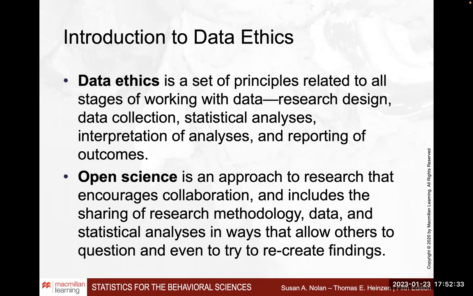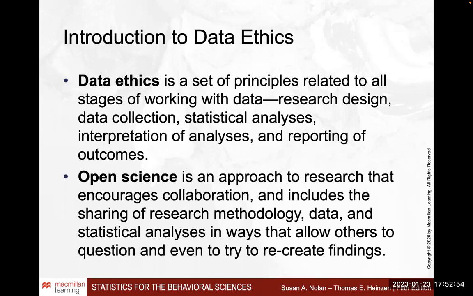Lastly, we are talking about open science. Open science is a wonderful new trend, which again fosters and emphasizes the need for more collaboration, more transparency, as well as more streamlining of processes.